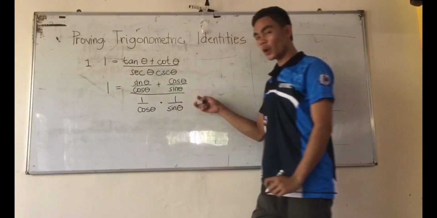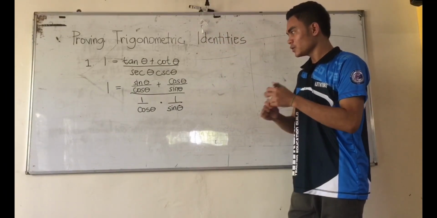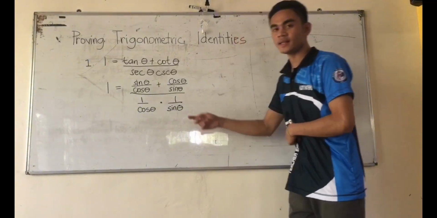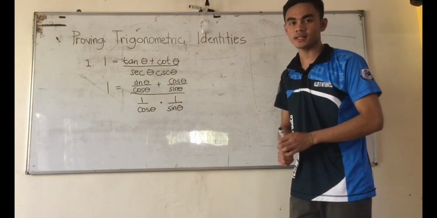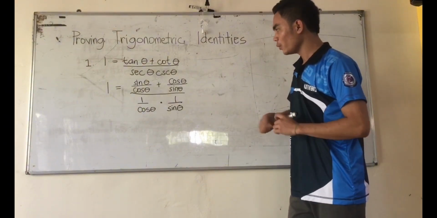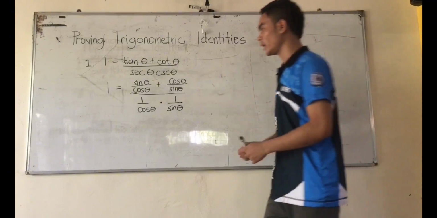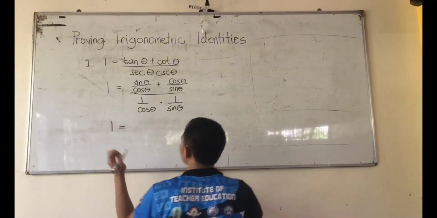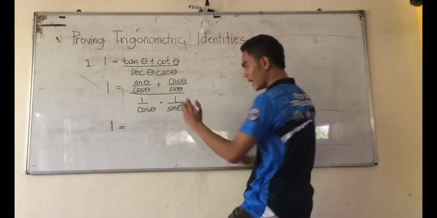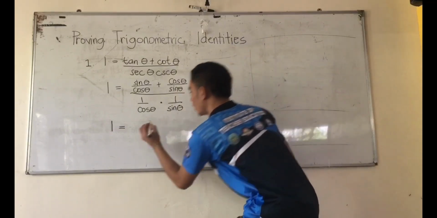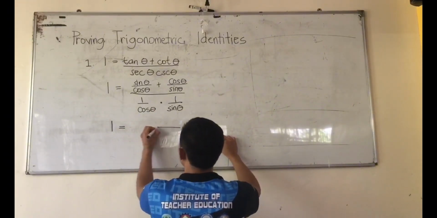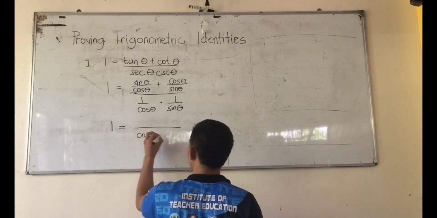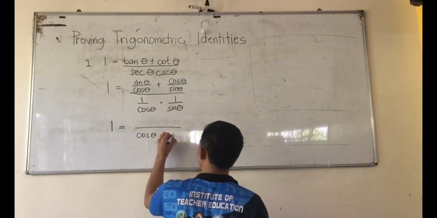So we have fraction form, and we need to find the LCD, which is the least common denominator. So we first simplify the numerator. So copy the 1. 1 is equal to the LCD of the denominators, which is cosine theta sine theta.